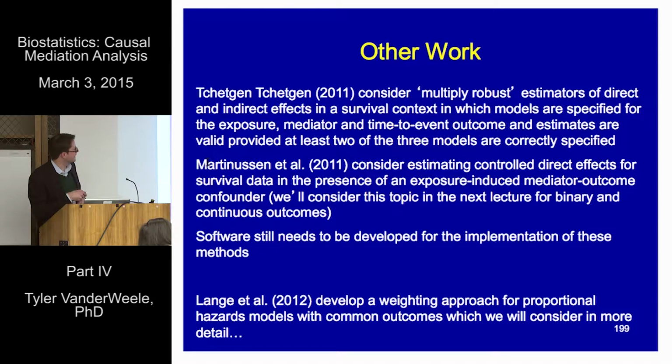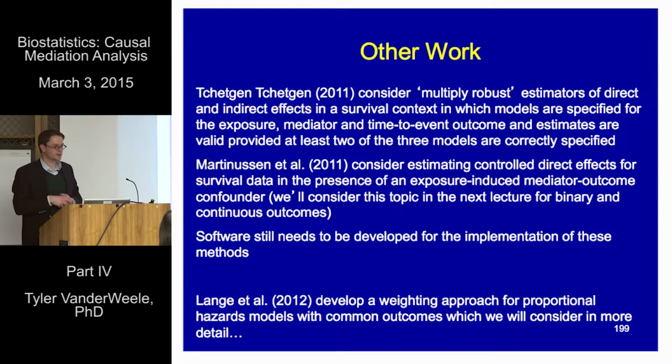Another paper looks at estimating controlled direct effects with survival data when we have a violation of assumption 4, when there's a mediator-outcome confounder affected by the exposure. That will in fact be the topic of our next and final set of lecture slides. But that's been done in the time-to-event context as well, but software still needs to be developed for the implementation of these methods.